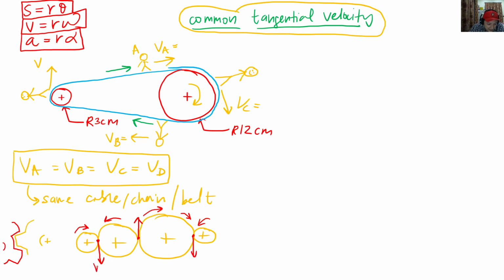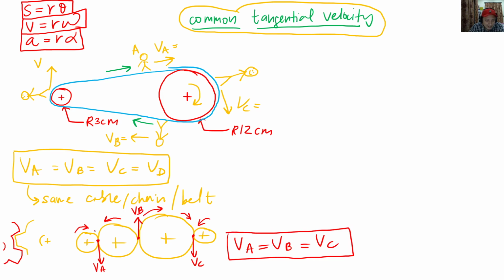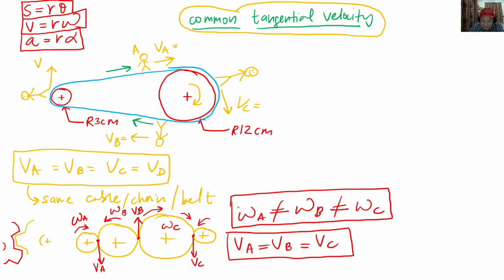Let's say this is VA, this is VB, this is VC. VA equals VB equals VC. Same. What is not the same is omega: omega A is not equal to omega B, is not equal to omega C. One is moving faster, the other one slower.